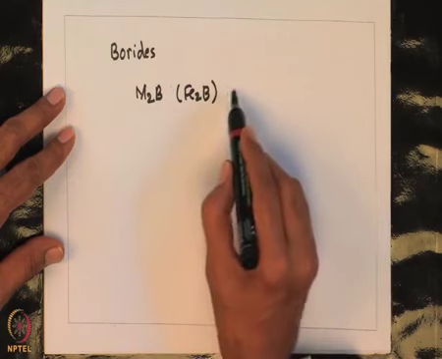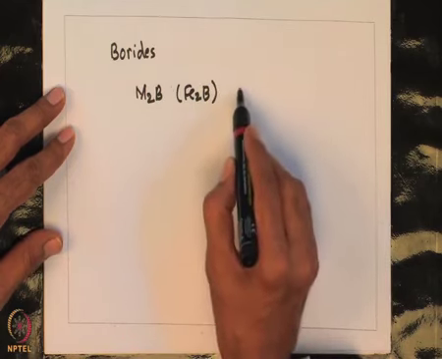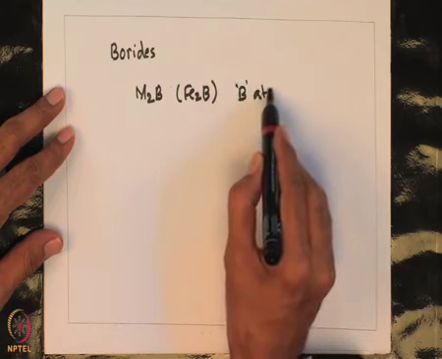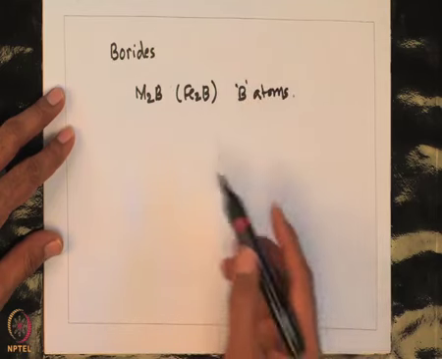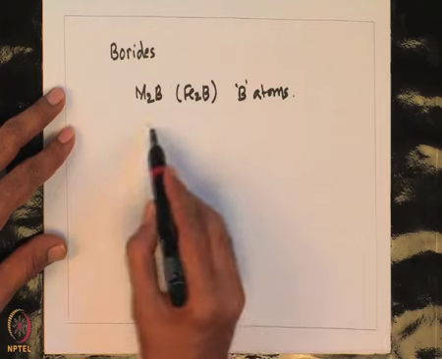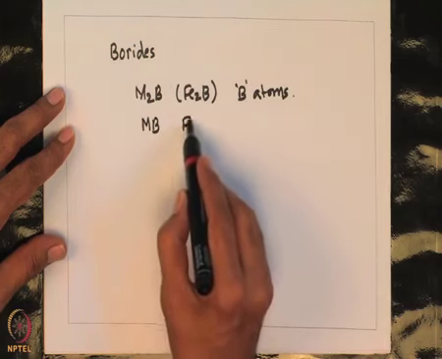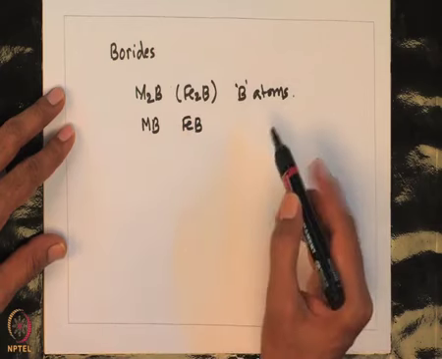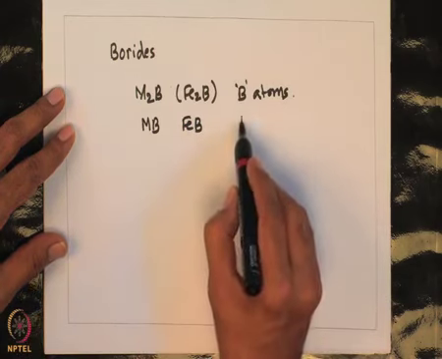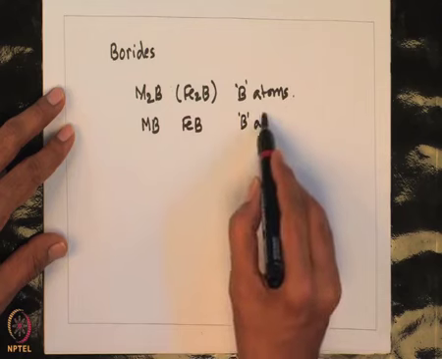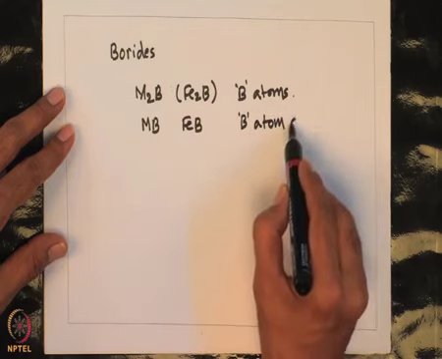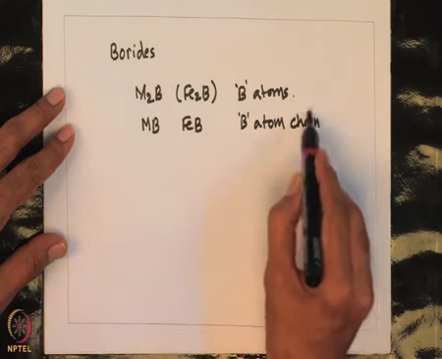Here you have single boron atoms in the lattice, while those with a 1:1 ratio, for example FeB, MB, have a single boron atom chain.